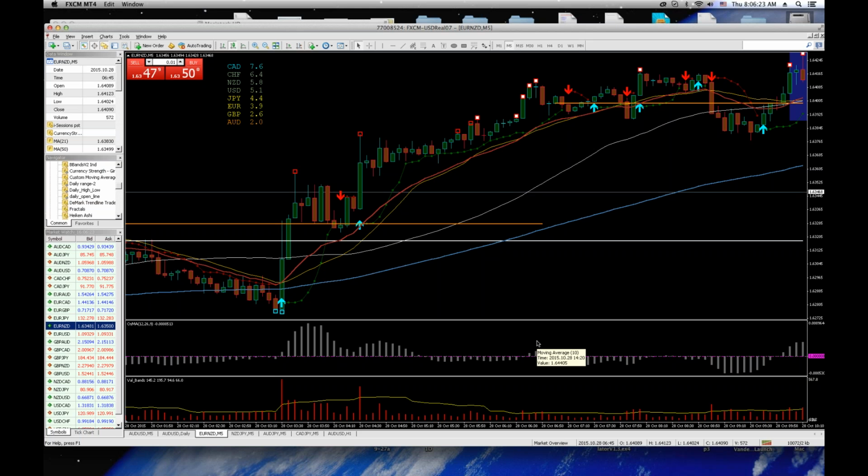It makes a difference in how it'll show itself. I could be wrong about that, but anyways, I like this. It's a 12, 26, 9, the MACD setting, but it's a little bit quicker. Okay, good, looking good. So anyways, that was why we took it.